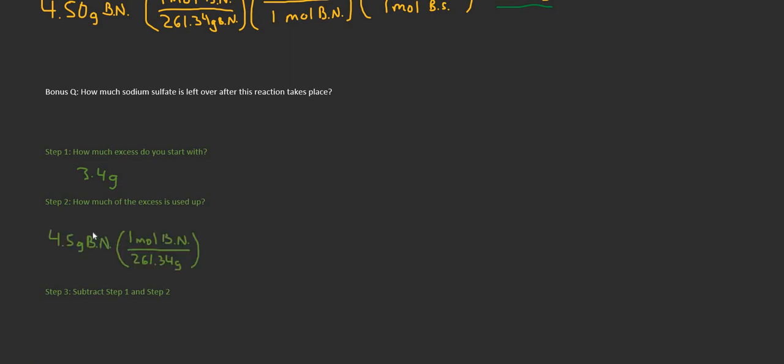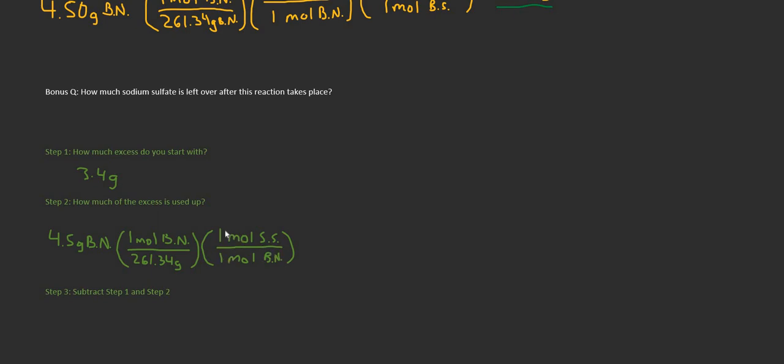So to start off, we'll start with how much of the limiting reactant we started with in step 2. We have 4.5 grams of barium nitrate that we started with, and we're going to use the molar mass of barium nitrate to get that into moles. Next we'll use the mole-to-mole ratio to get to moles of sodium sulfate from moles of barium nitrate.